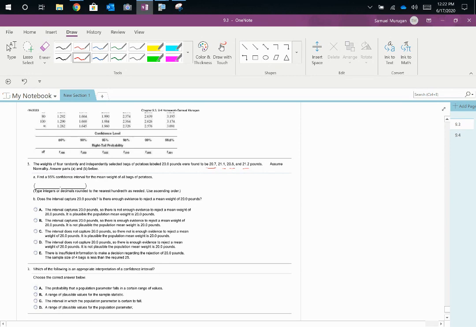Assume normally, find the confidence interval. So sample is 4, 20.7, 21.1, 20.8, 21.2. I'm just going to use StatCrunch for this, okay?